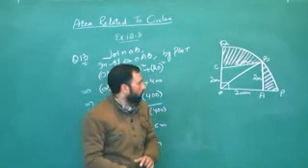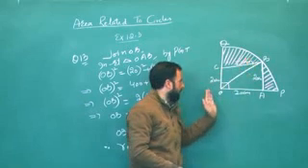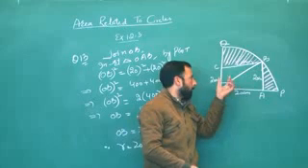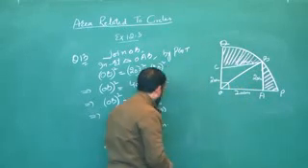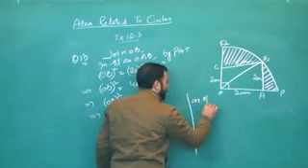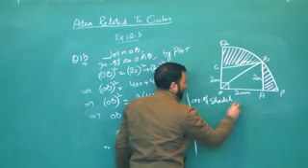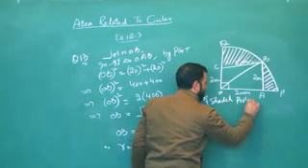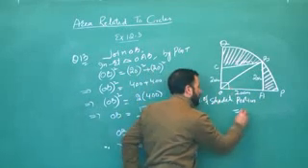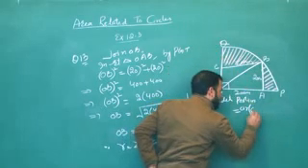Now, we have to find out the area of the shaded region. Now, the area of the shaded region can be found as the area of OPBQ, meaning the area of the whole quadrant, minus the area of this square. So, the area of the shaded portion is equal to the area of OPBQ.